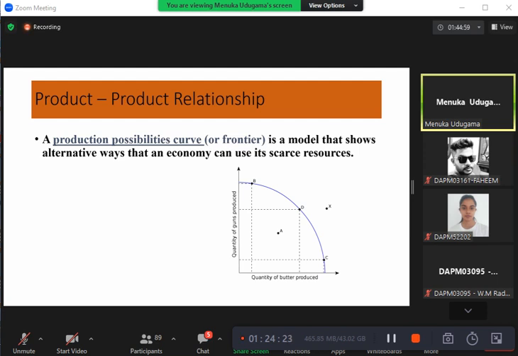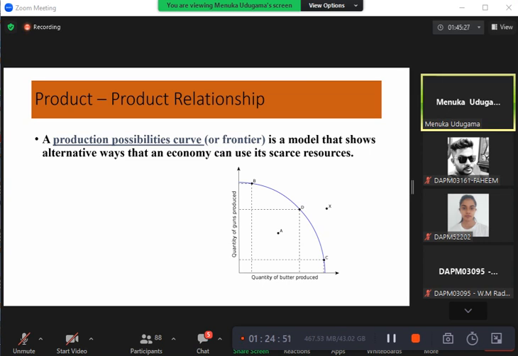So to understand that, we learn the product-product relationship. This relationship is shown using a production possibilities curve or frontier, right? This is an important concept in economics because it can be applied to a firm and even to the economy to understand different things like scarcity.